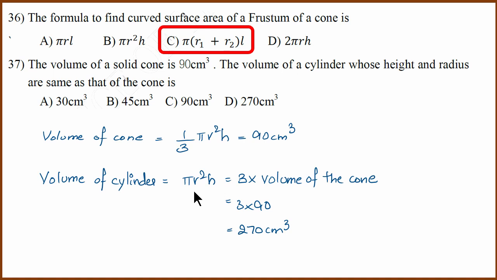Volume of the cylinder, same radius, same height, is pi r square h, which is equal to 3 times the volume of the cone, because here there is 1/3. So if you multiply by 3, you get pi r square h. Volume of the cone is 90, which means 3 times 90 is 270. Correct answer is D.